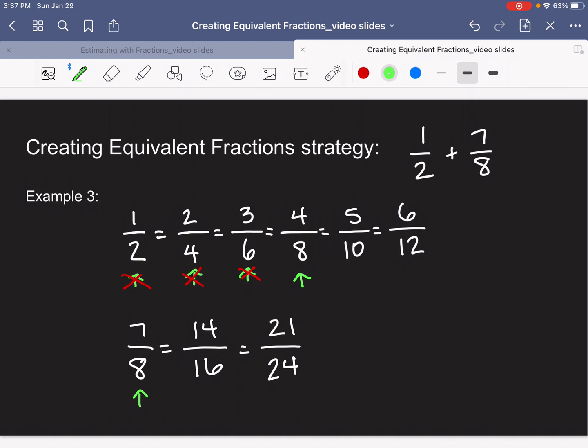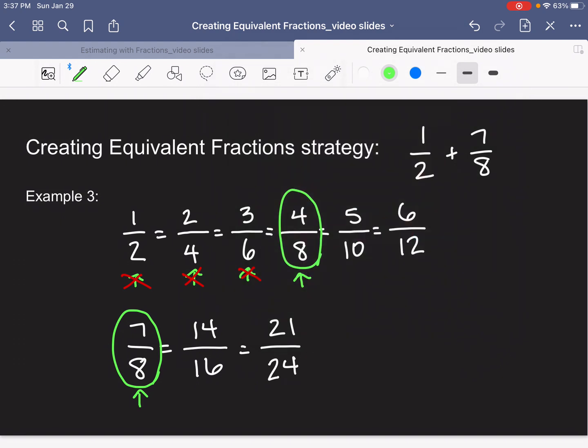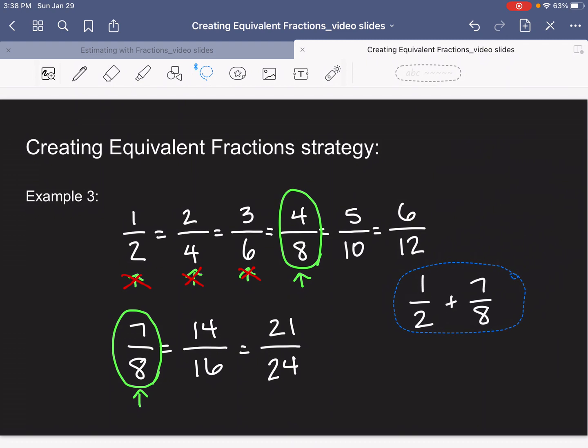In this case, I can actually use one of my original fractions in my new equation. So I'm going to circle 4/8, and I'm going to circle 7/8. What will end up happening as we begin adding and subtracting fractions with unlike denominators is then we will come in below the original equation. I'm going to move my equation just because I did not give myself enough room to work, so I'm going to move it down here a little bit.